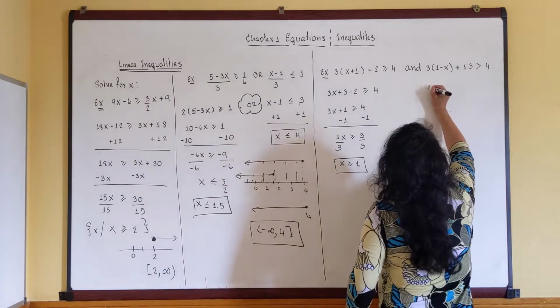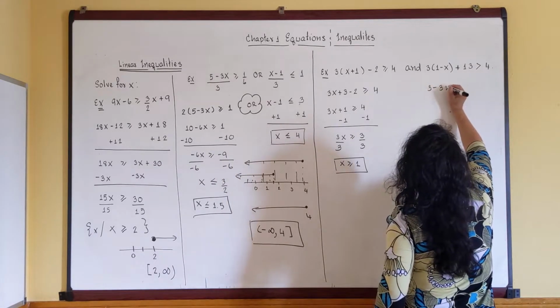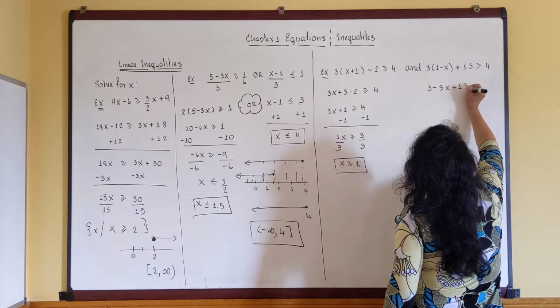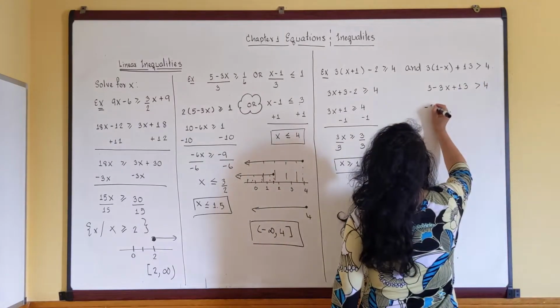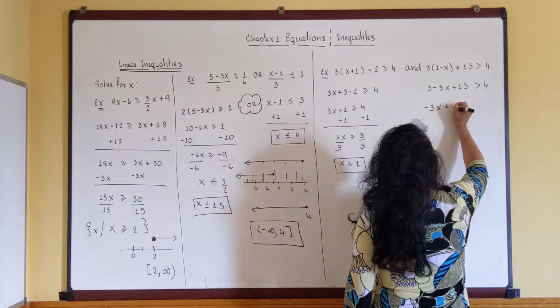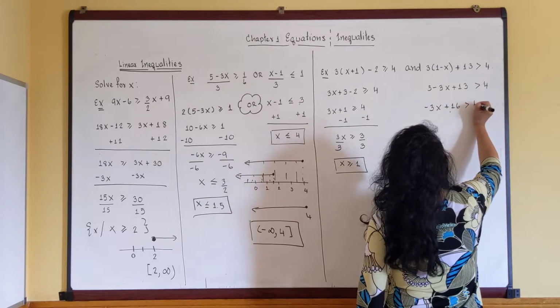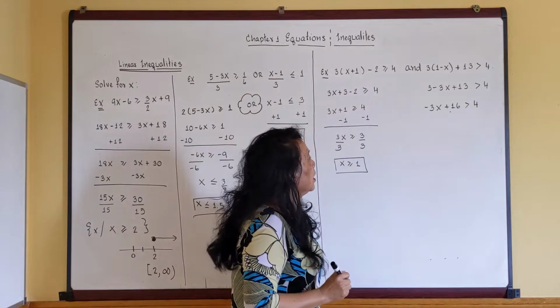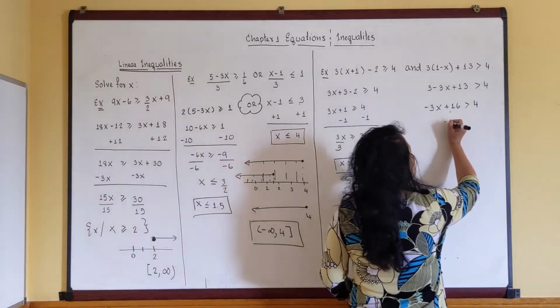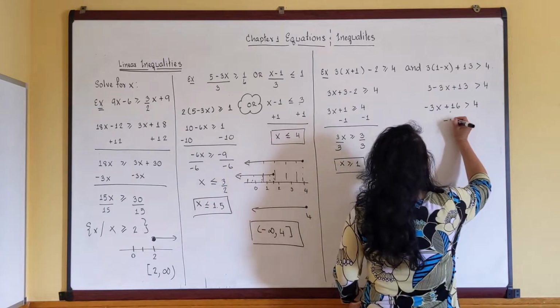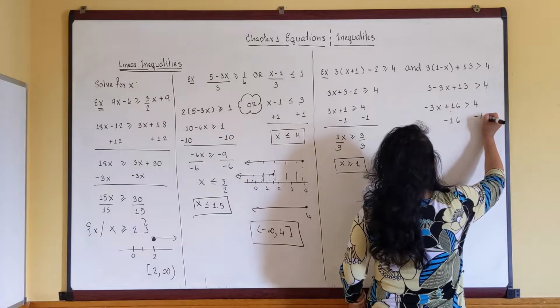So I have 3 minus 3x plus 13 greater than 4. Negative 3x plus 16 greater than 4. I like to keep my x on the left hand side. You don't have to, but let's keep it on the left hand side. Subtract 16 from both sides.